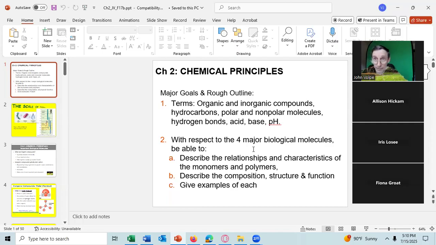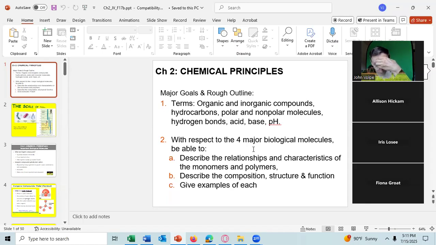The four major biological molecules are carbohydrates, proteins, lipids, and those three you can find on any item you buy, like a box of cereal. Although we don't use the term lipids, we'll use the term fats, which there are a little more lipids than just fats, but fats is the main one.